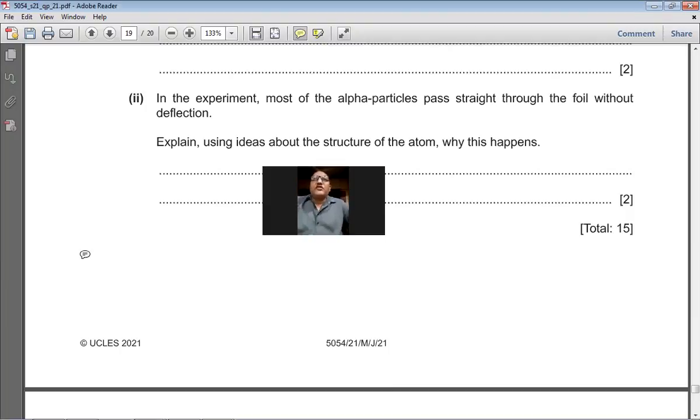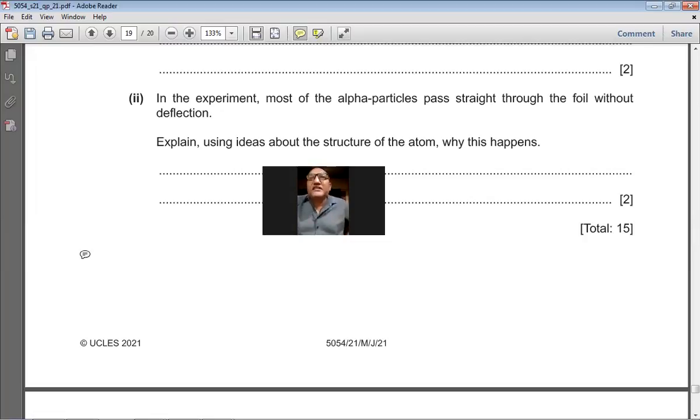Most of the alpha particles went straight, like nothing came in their path. The reason is that most of the atom is empty space.